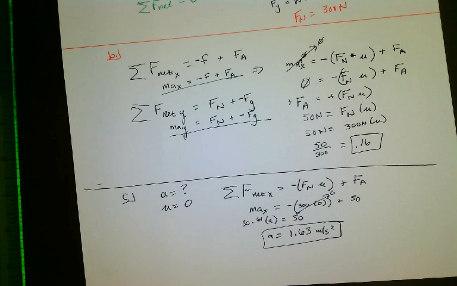Do you agree with my number or not, guys? Yeah, awesome. Okay, so number 2 is just like number 1, except it is a modified Atwood problem.